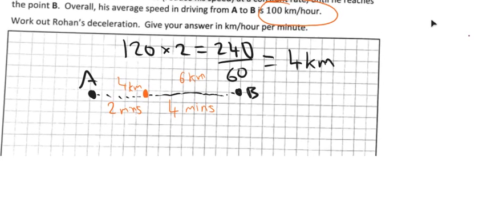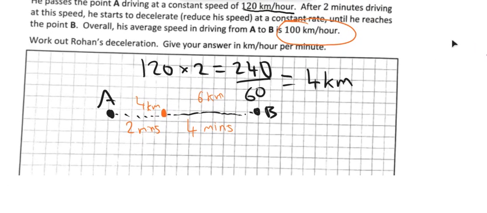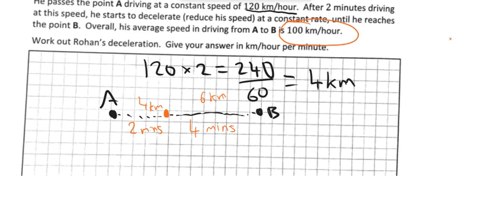That should help us work out the speed. We have distance on top here, and time on the bottom in minutes. We want the speed that he's going at for the other 4 minutes.